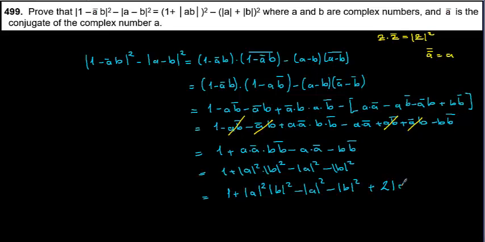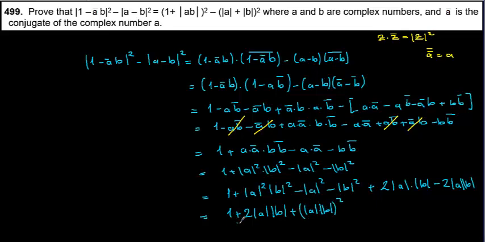I'm going to add 2 times A modulus times B modulus, and then I'm going to subtract 2 times A modulus times B modulus. When I add 2 A modulus B modulus and subtract 2 A modulus times B modulus, it's going to be equal to 1 plus 2 A modulus times B modulus. I separate these two terms from each other and I put the first one here, plus A times B modulus parenthesis square.